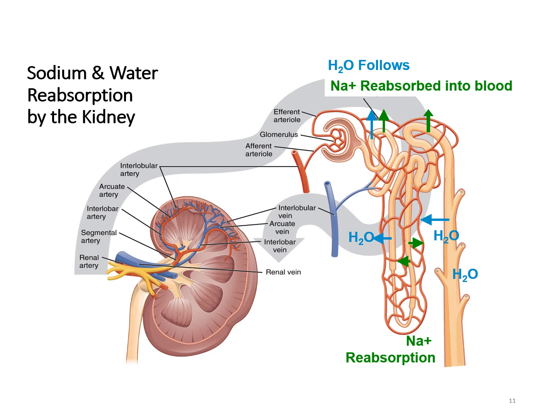Now we're going to focus specifically on sodium and water. As it moves through, sodium, indicated by the green arrows, is reabsorbed. And as sodium is reabsorbed, chloride is reabsorbed, and then water follows. Aldosterone enhances the reabsorption of sodium and chloride and water from this part of the renal tubule here and this part as well.